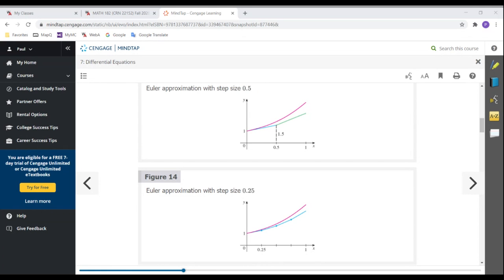What happens to these approximating line segments as you move out from your initial value 0, 1? Do the line segment approximations get better or worse as you move out? What do you think? Okay, so I'm hearing better. Well, let's focus on figure 14. The first line segment goes from 0 to 0.25.